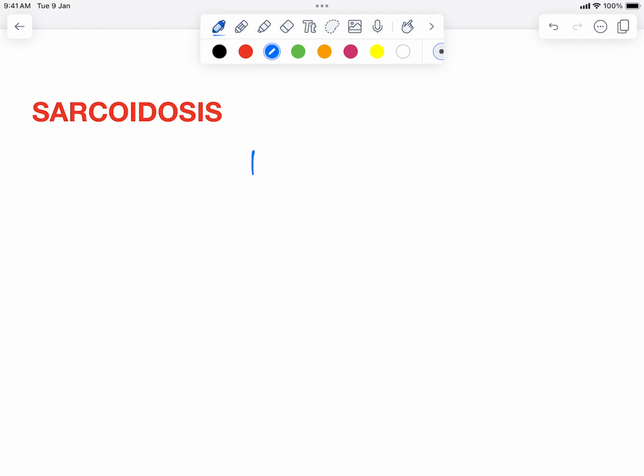Sarcoidosis is a disorder characterized by the presence of non-caseating granuloma.